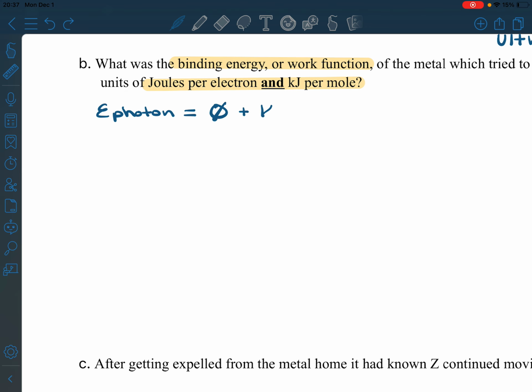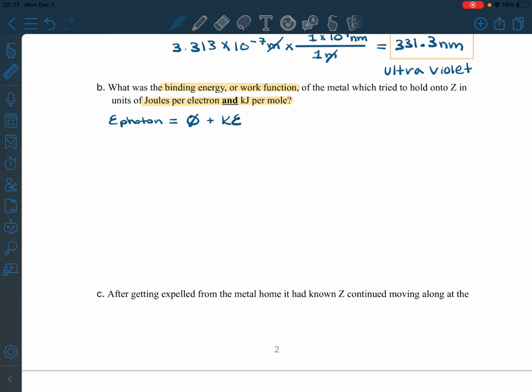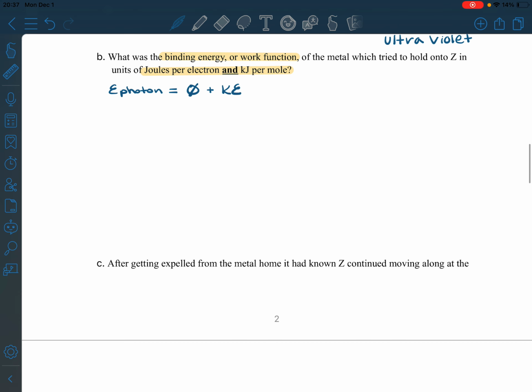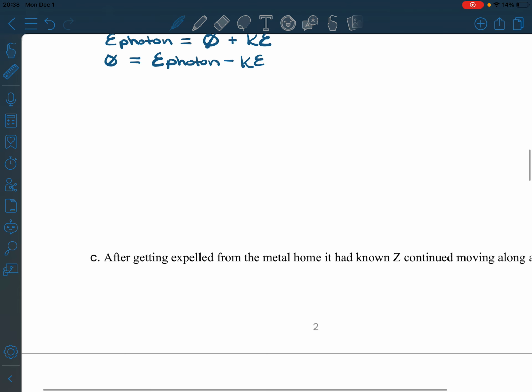What we know is that we have the E photon and the kinetic energy of the electron. So I'm going to rearrange this equation. Potential energy is on that side, and then we subtract the kinetic energy, so it's minus the kinetic energy of the electron.